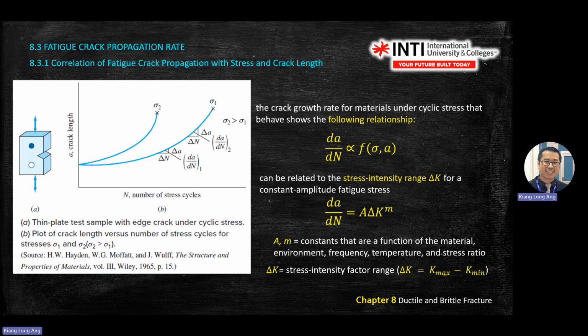In this curve, you know that this can be a polynomial curve, but the lowest exponent we can get is quadratic, right? So in the form of a polynomial, A delta K to the m. Again, what is delta K? Delta K is the difference of your stress intensity, maximum minus minimum.